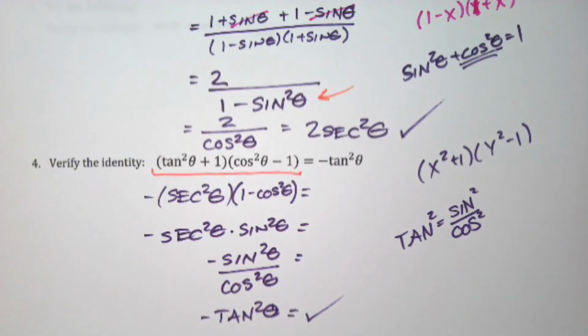So that's it for the ones we're going to work together. Now I'm going to have you guys give it a pause, give numbers 5, 6, and 7 a shot. And if for some reason you're not sure which side is going to be more complicated, then in a minute you can replay, and I'll show and underline which side is more complicated for those three.